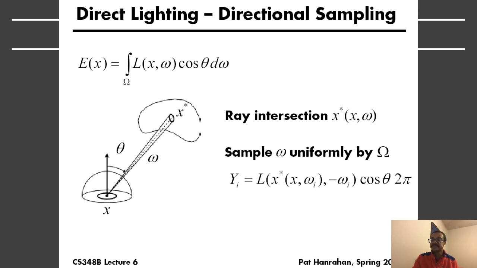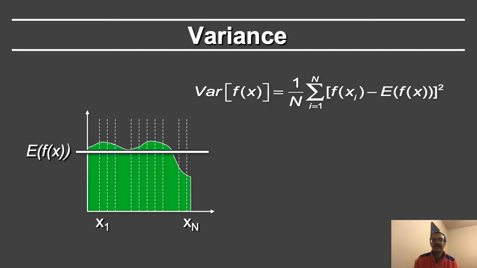So this is a simple estimator that can be used either for direct lighting, if L of x star corresponds to a light source, or even for indirect lighting in the context of path tracing. Now that will give you the estimator, which will ultimately enable you to render your images.